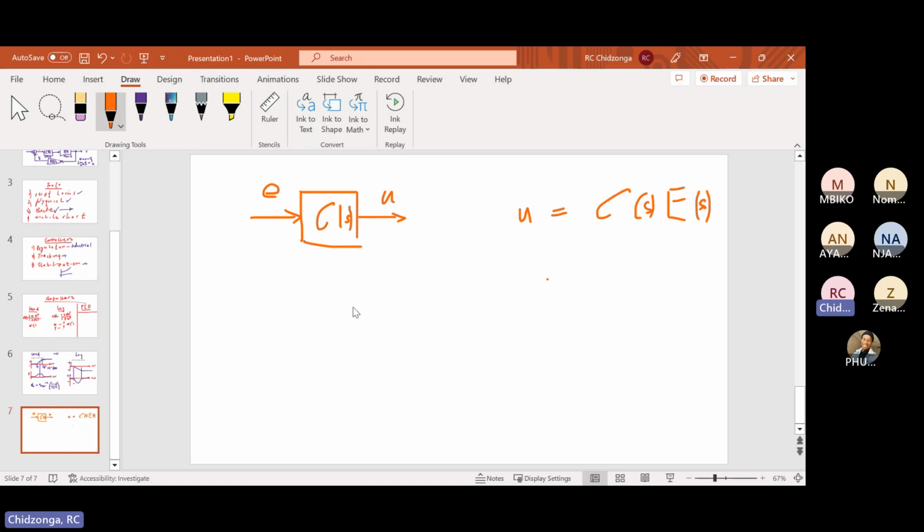Now, in a PID controller, this C can be broken down into 3 components, illustrated as shown now.